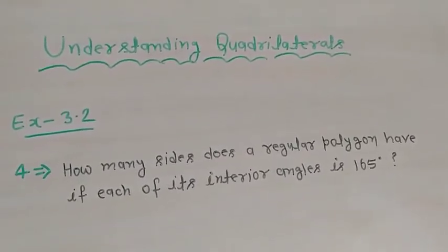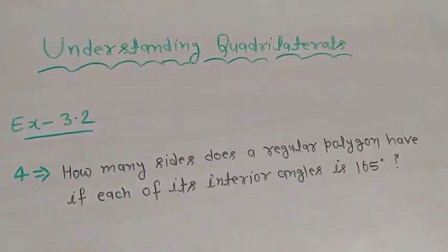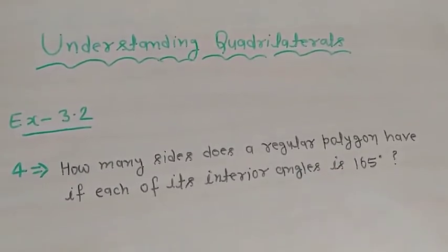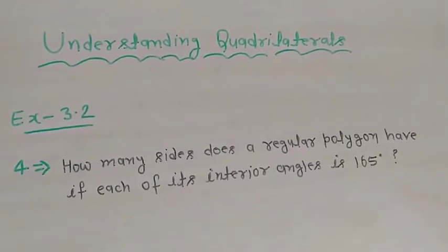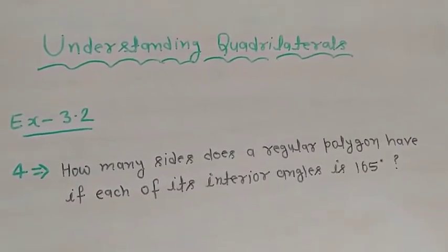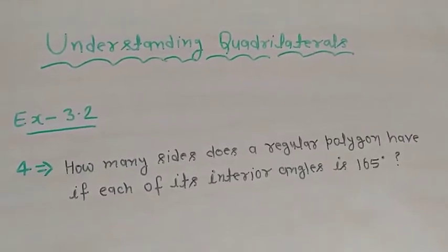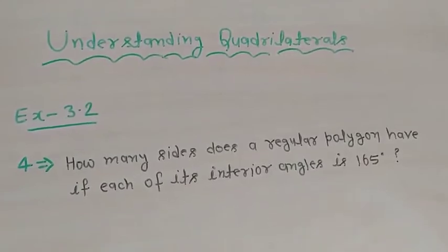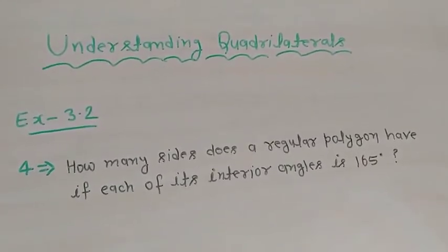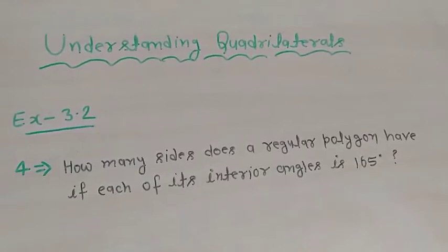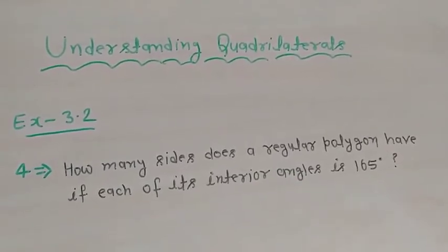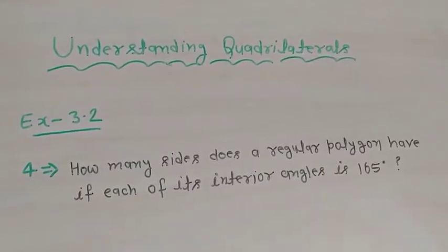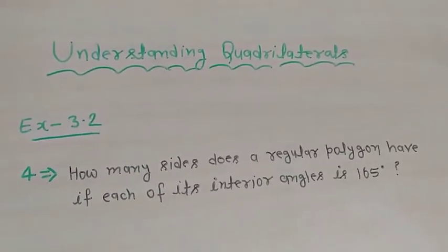But you know the number of sides of a regular polygon is 360 degree by exterior angle. Okay, what we know is that number of sides of a regular polygon is equal to 360 degree by exterior angle, but here the given interior angle is 165 degree.